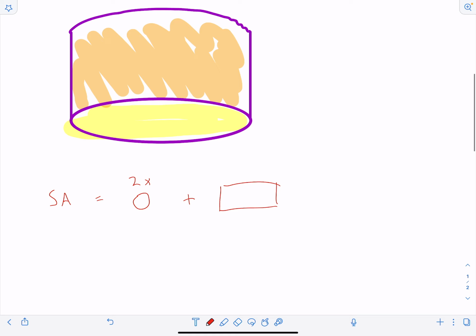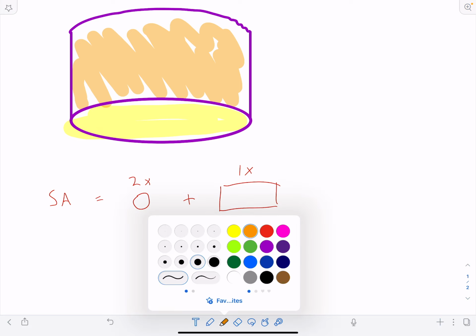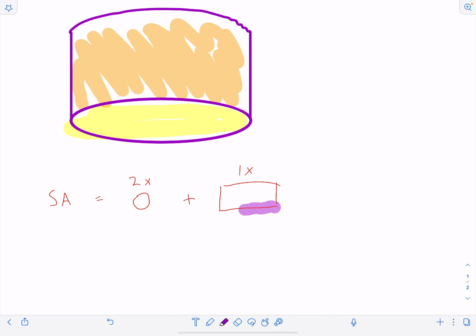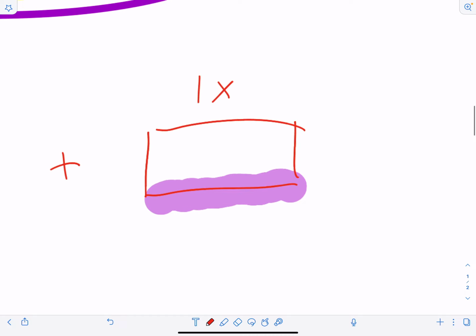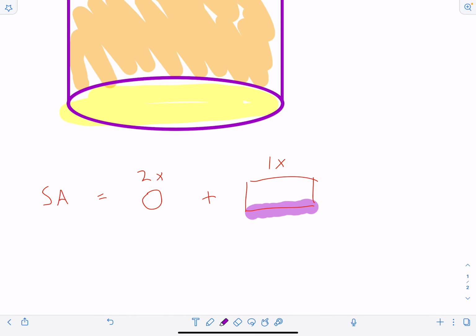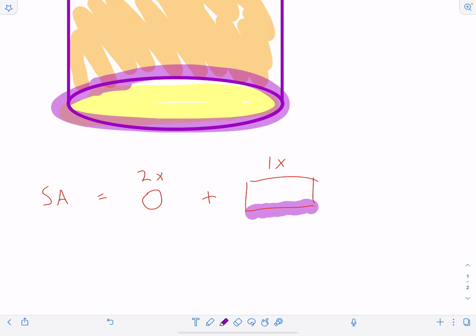Now, the circles are much easier to calculate the area of, but the rectangle sometimes causes a little bit of misunderstanding about what the longer length, in this case the curved one, that length there, is. So we'll firstly calculate the area of the circles, and then we'll deal with this longer length, which I'm going to just also highlight there, that one.